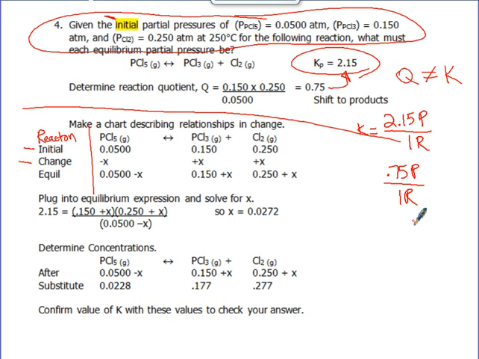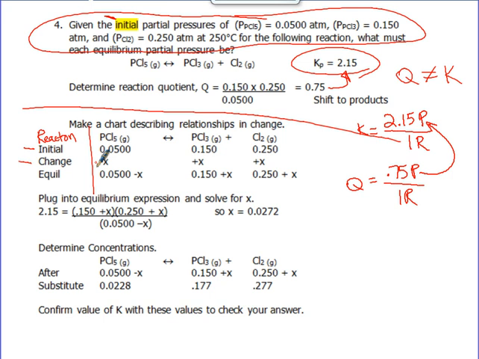So do we need to increase or decrease these products? In order to get from here to here, I'd have to have more products. I need to add to the product side to get my Q value to increase until it gets to K. I need to increase the products, and that's why the products have some unknown quantity being added to them. And if I decrease the reactants, that will also help.